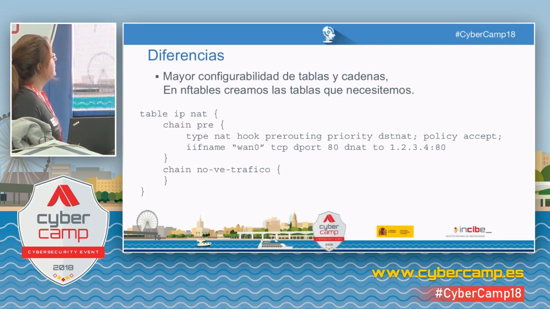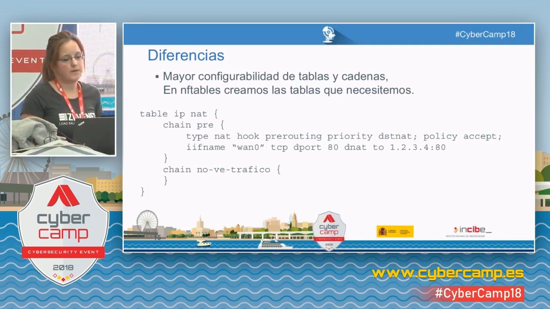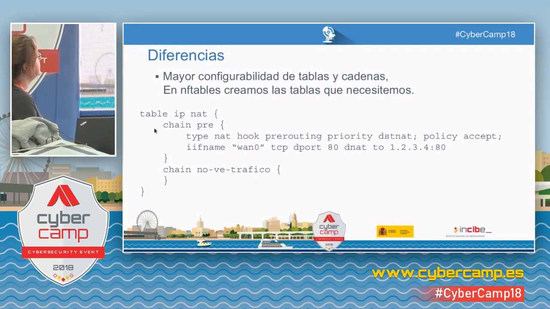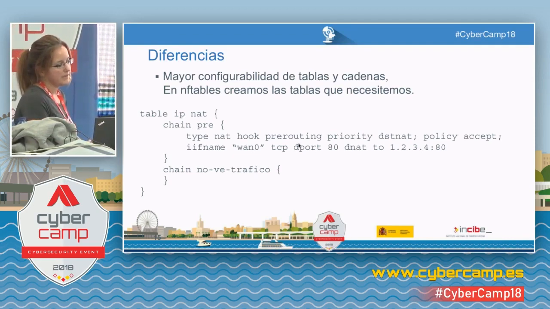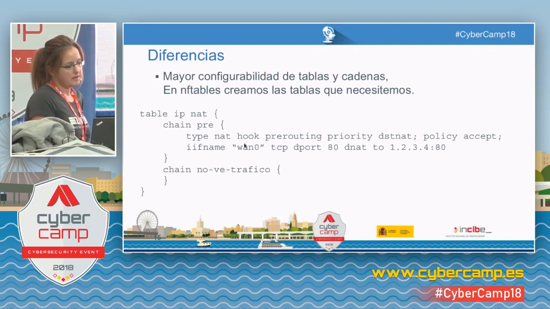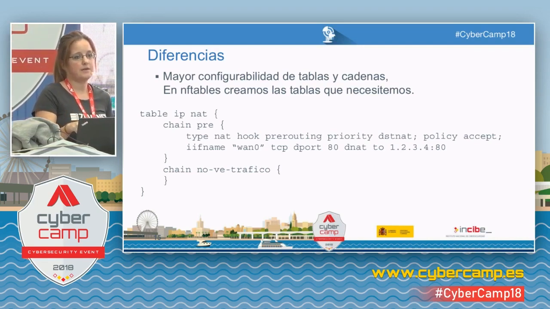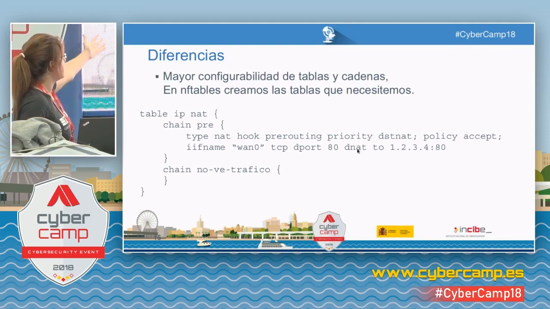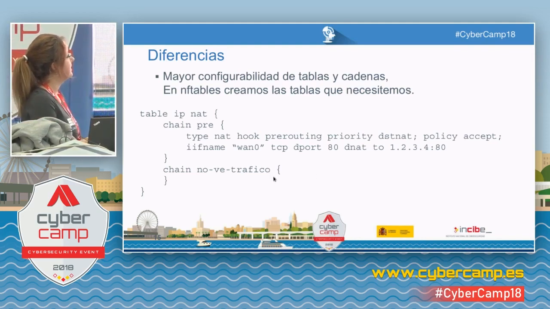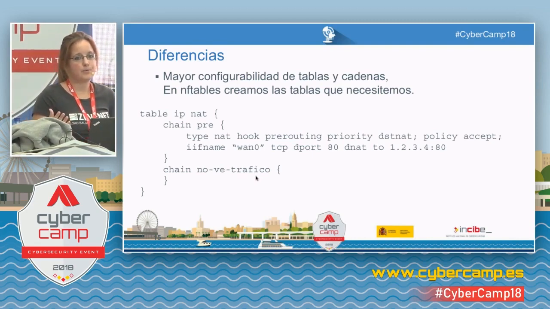On nftables, the difference is that we can self-configure all the chains we want for packets to see. For instance, I can generate a chain on the prerouting hook with this rule here. So all packets that get to prerouting, I will see them and they will try to be matched to that rule. Look at this other chain here that I've generated. Well, that's not linked to a particular hook, so there will be no traffic on that chain.